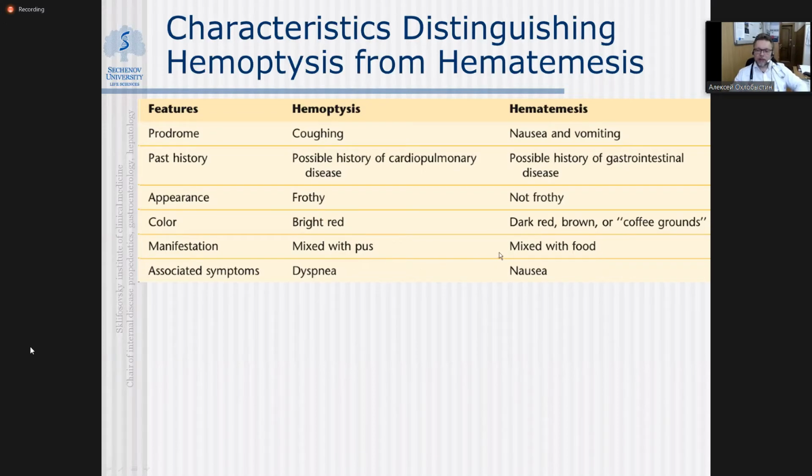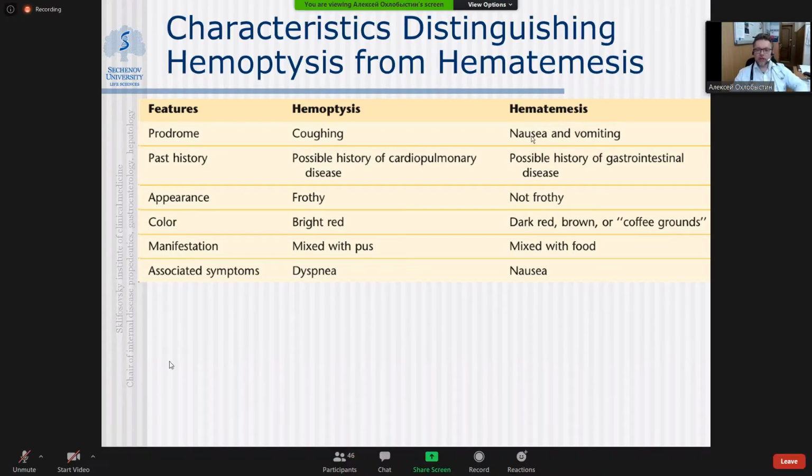You may pay attention to the pH of the vomitus and sputum, and definitely there will be some other associated symptoms. If it is bleeding in the respiratory system, there should be dyspnea. Vomiting is the same pathological process, the same mechanism as nausea: antiperistaltic movements of the stomach.